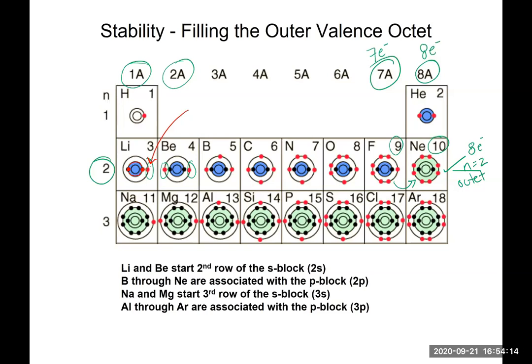Beryllium could give up those 2 red electrons that have green circles around them, and then it would have the electron configuration of helium. All of these species on the periodic table are going to strive for that.